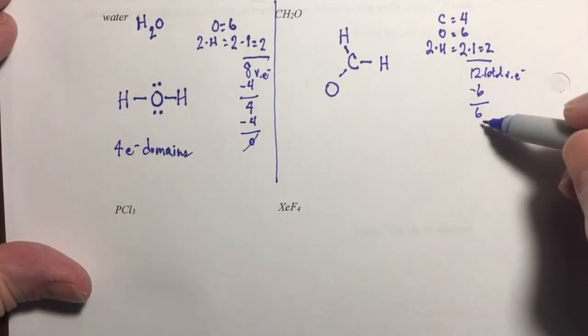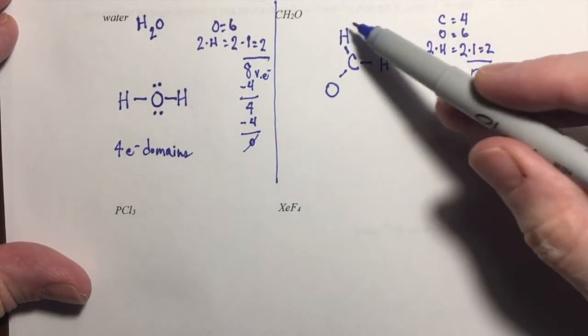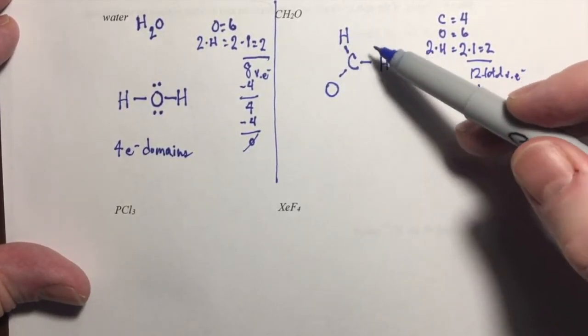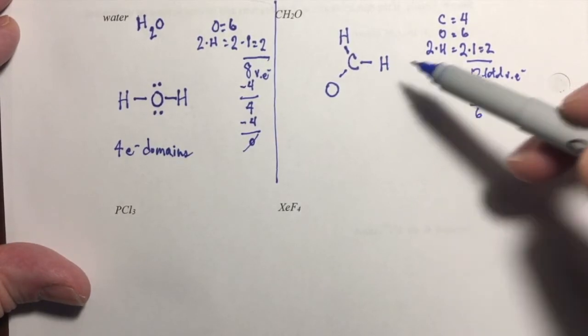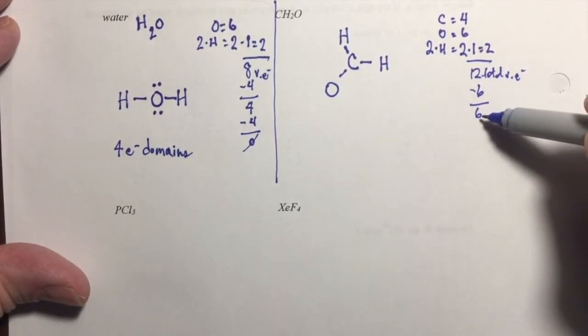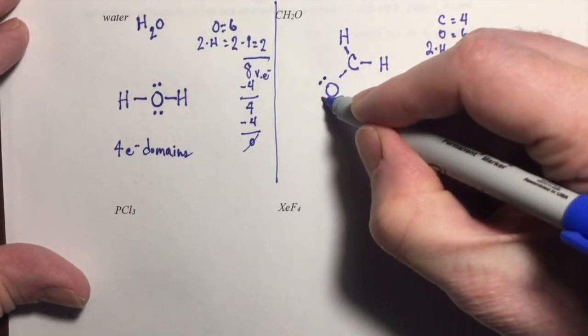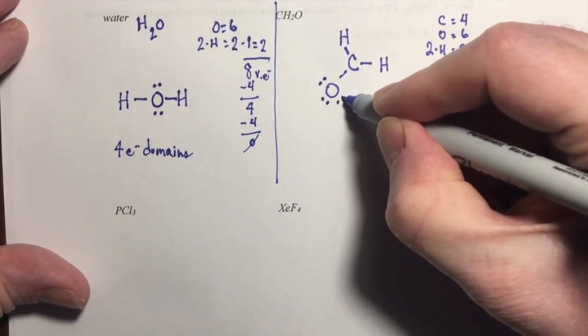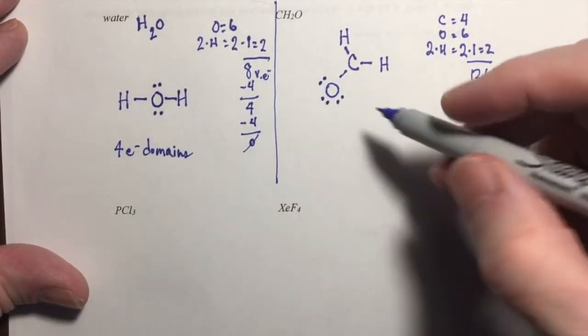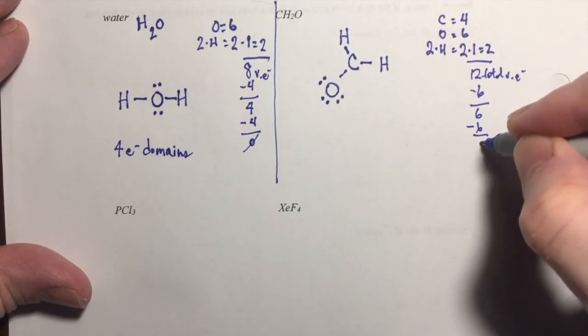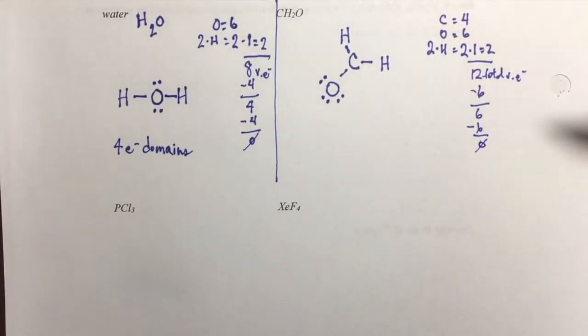Step 3 says I use these 6 to fill up the octets of the terminal or outer atoms. The hydrogens cannot accept any more because they already have 2 electrons around them. So these 6 must be going in pairs on the oxygen, which is the only other terminal atom that can take them. I've filled up the octet for oxygen, and I've used up all 6 remaining valence electrons.